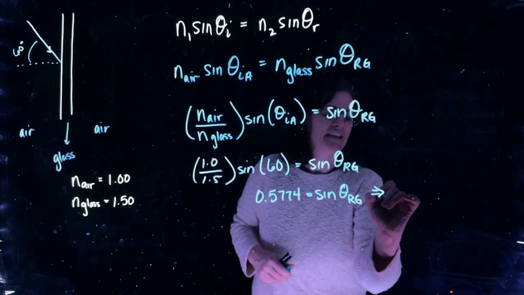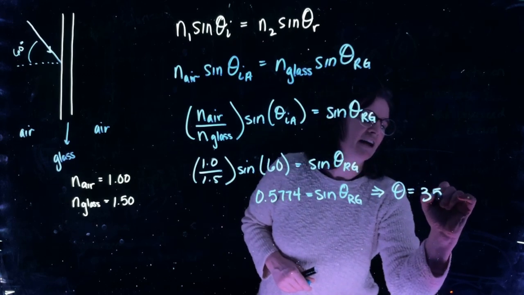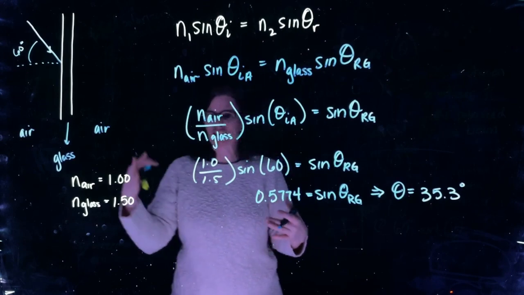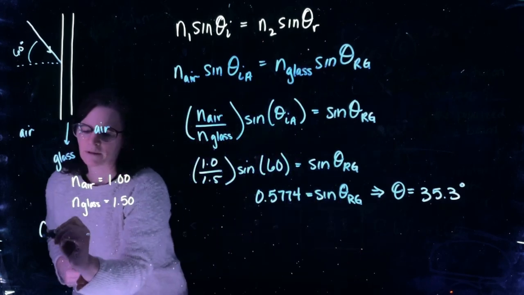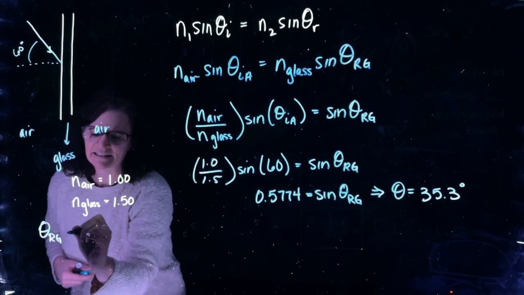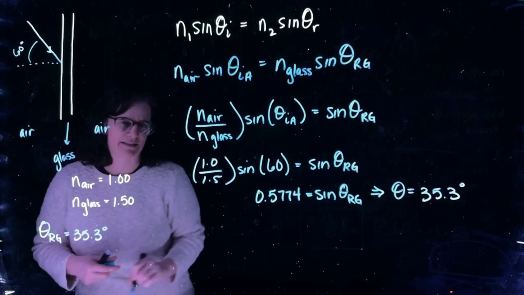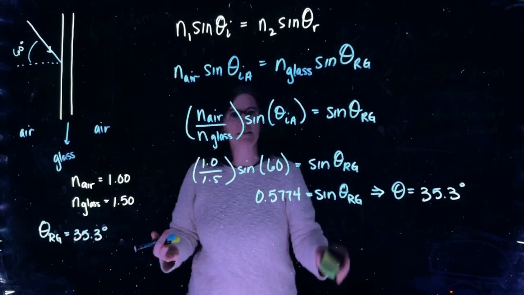If I take the inverse sine, we get an angle of 35.3 degrees. So the angle of refraction in the glass is equal to 35.3 degrees. All right, so that's using Snell's law to determine that.